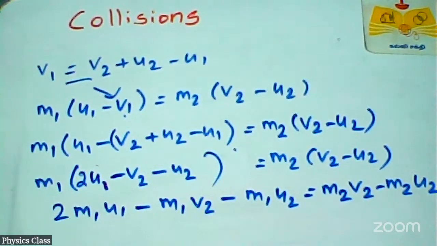So you can calculate what v2 is here. Later you can simplify it.